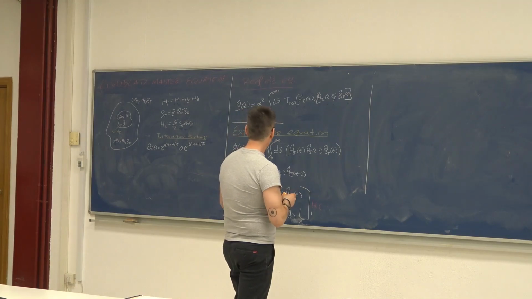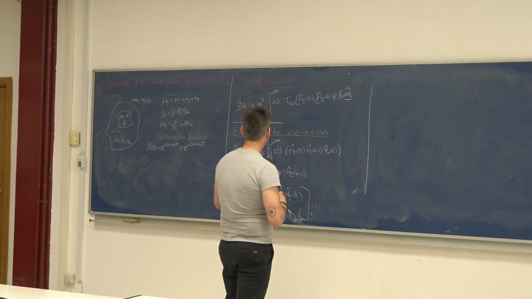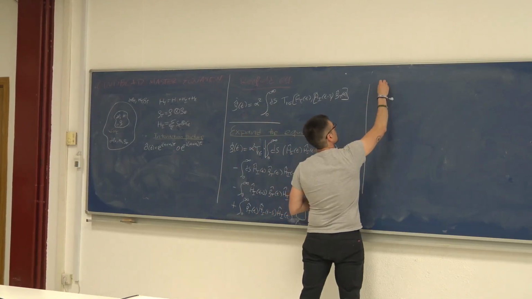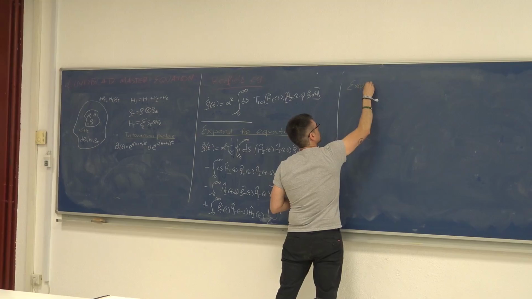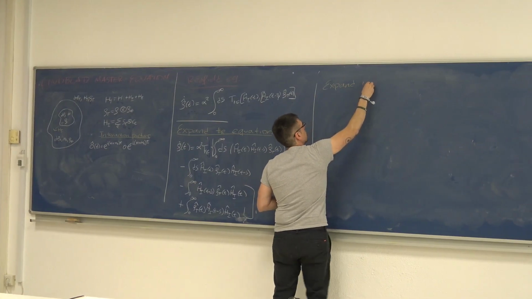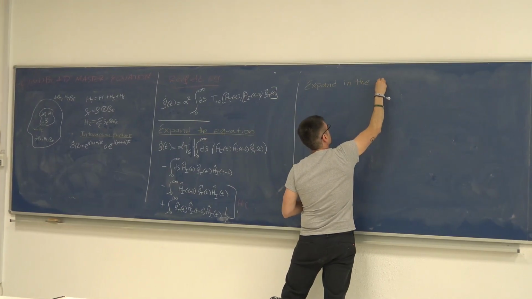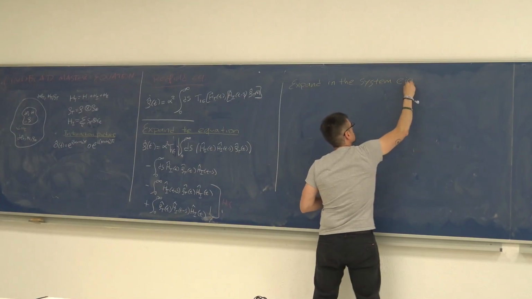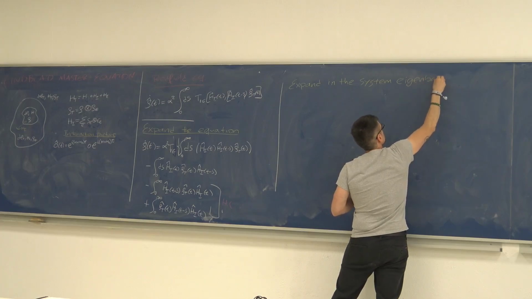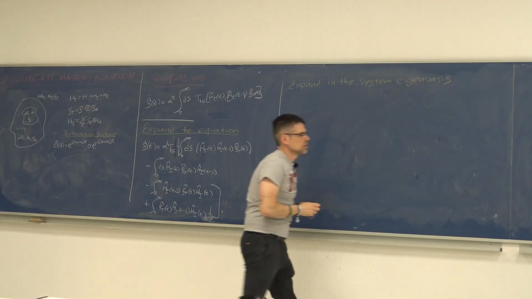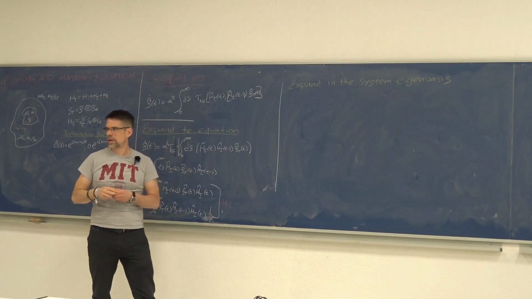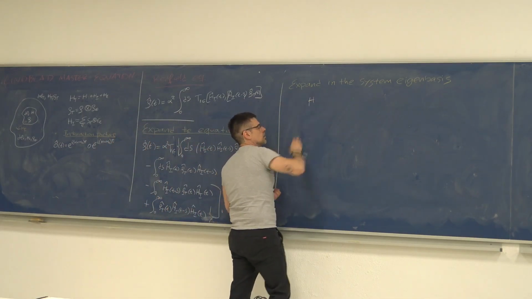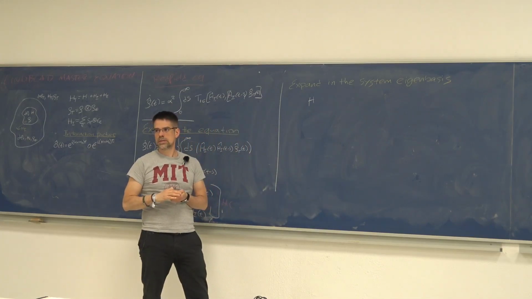So now, before we unravel all this equation, we are going to expand in the system eigenbasis. So imagine that we have our system Hamiltonian. Of course, this is a Hermitian matrix.